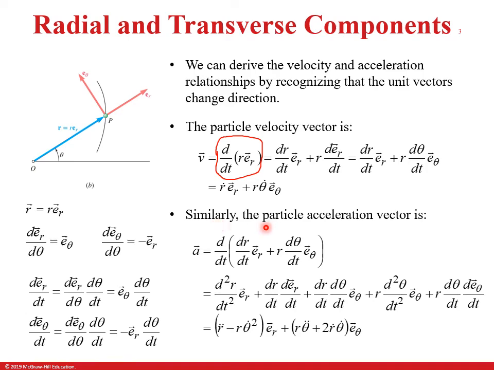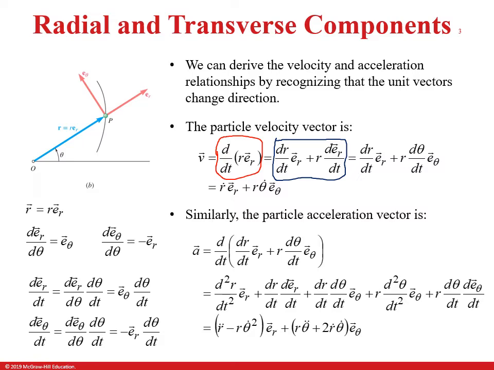So similarly, the particle acceleration vector is given by d dt. Let me once again mark in blue this time. Here is our, I want to make sure I mark the right thing, sorry. This is our velocity vector.